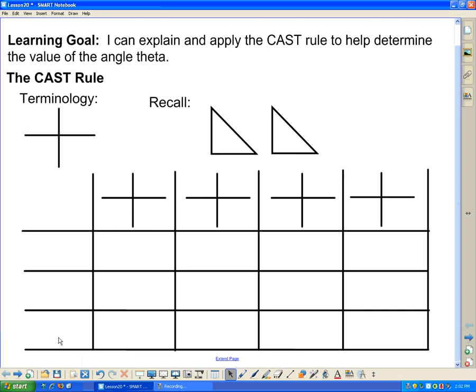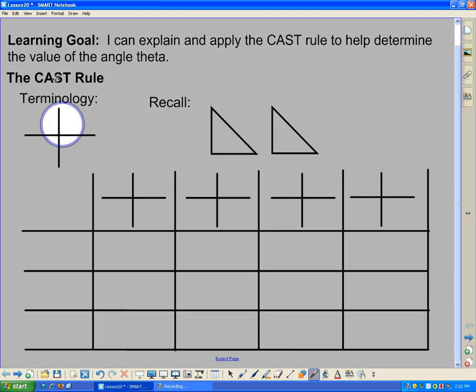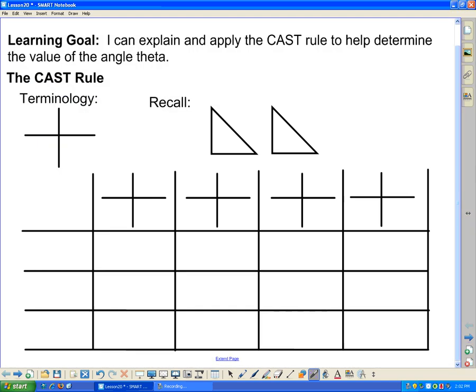All right, so terminology. First thing I want to do is start up there in the top corner. I want to talk about terminology that's needed here. When we're talking about an angle, we need to know what quadrant we're talking about. We have our quadrants 1, 2, 3, and 4. They are numbered counterclockwise.